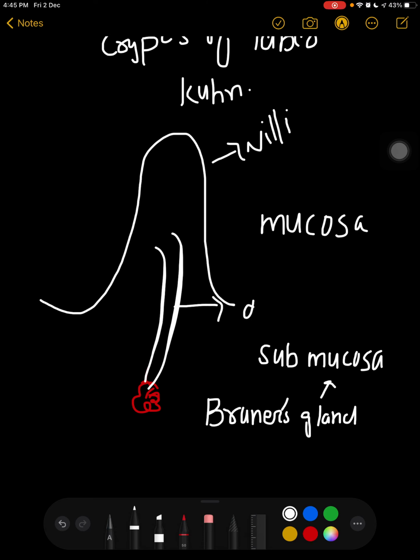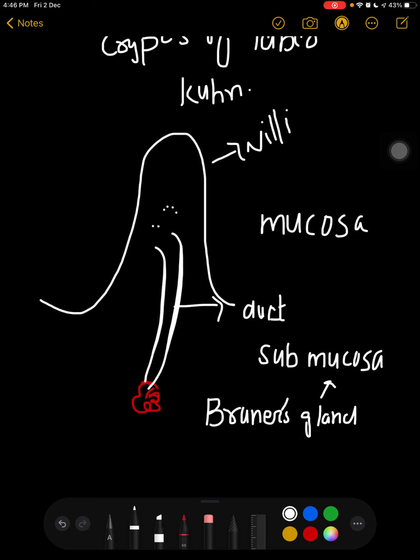Its duct goes into the mucosa, but the gland is actually present in the submucosa, and its duct goes into this villi, or this layer known as mucosa, right?